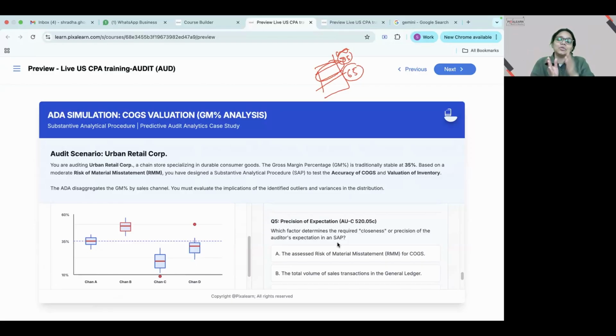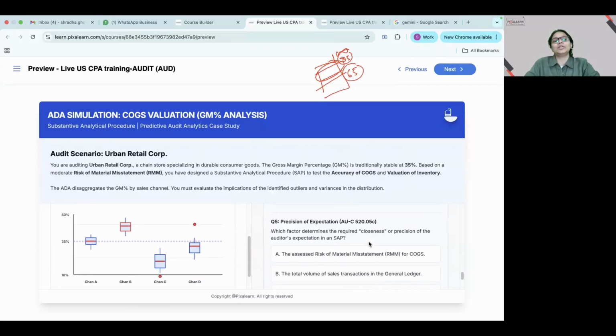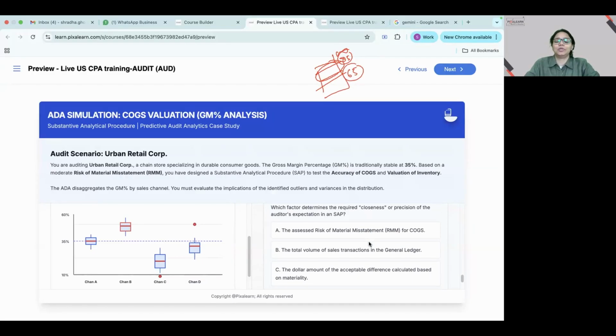In which scenario would I want it to be closer? Look at the fifth question and give me the answer. Where will the gap be reducing between the anticipated and actual result?